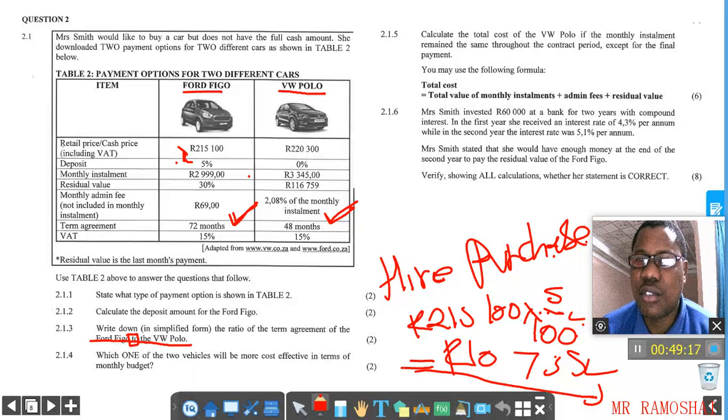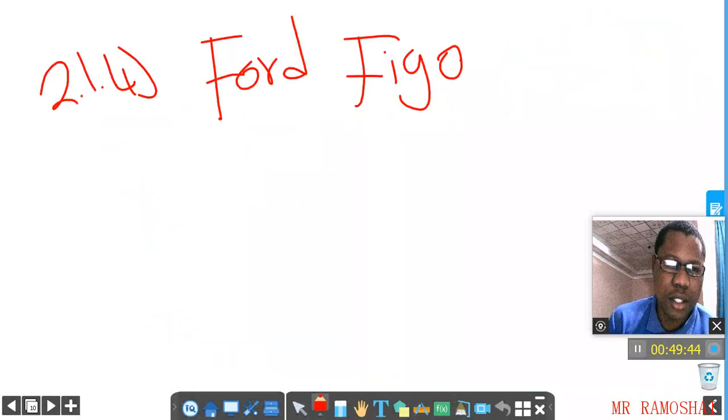Calculate the total cost of VW Polo if the monthly installment remained the same throughout the contract except for the final payment. You may use the following formula. Total cost is equals to total value of monthly installment plus admin fee plus residual fee. So let me do this.